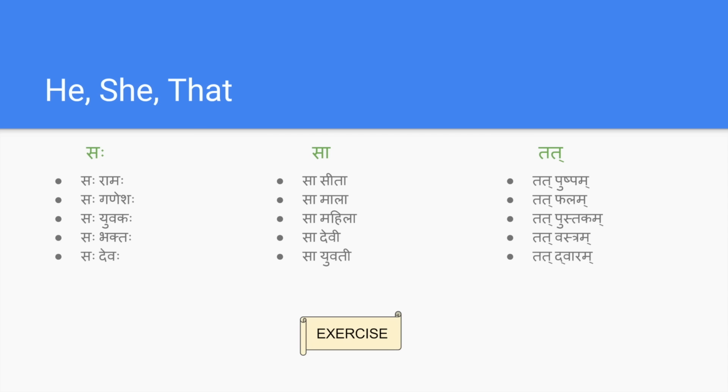You can tell your friend's name or parents' name or relations, anybody's name, and put the appropriate saha or sa. Like saha Ganeshaha, saha Ramaha, saha Krishnaha, saha Ashokaha. You can put any name, and before that use the corresponding pronoun. Shall we try?